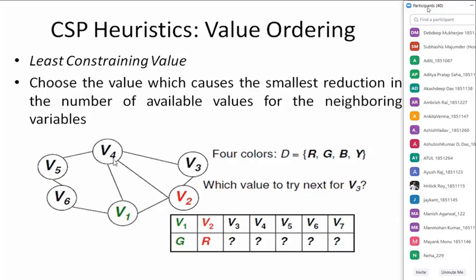V4 will have only one choice left, which will be blue. But if I color V3 with green, then for V4 two more choices will be left, which will be blue and yellow, and that might keep more choices for the other variables. Here it doesn't matter in this example, but it might. So choose the value which causes the smallest reduction in the number of available values for the neighboring variables.